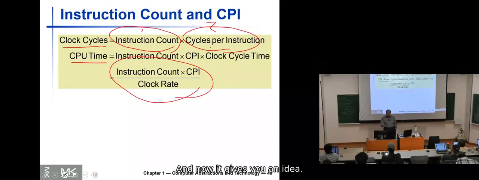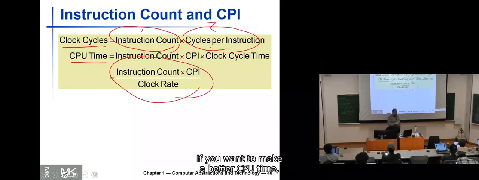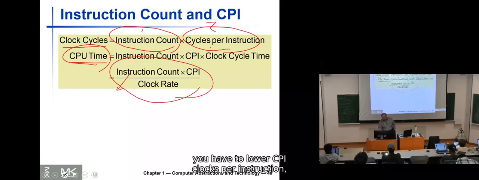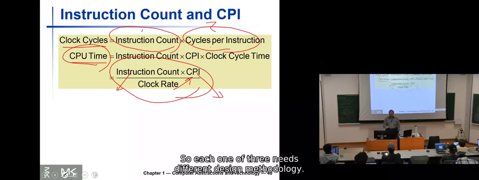And now it gives you an idea, if you want a better, lower CPU time, which is our objective, our goal is to make it faster, then you have to lower instruction count, lower CPI, clocks per instruction, and make a higher clock rate. Each one of the 3 needs a different design methodology.